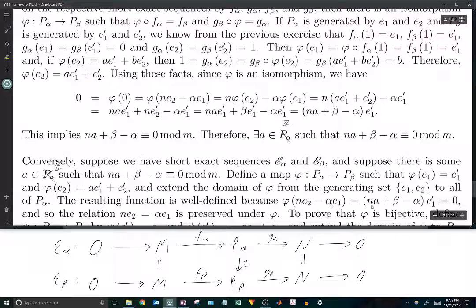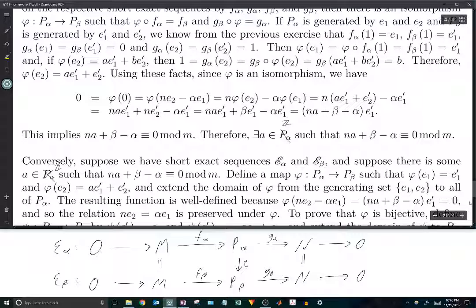So phi of this equals 0. I should probably put in there, by the computation from the last paragraph, just to make clear how I'm going directly from here to here. It's really just because I didn't want to repeat all of this. Anyways, this is equal to 0 because this is congruent to 0 mod m, and because m times E1 prime is 0. And so therefore the relation nE2 equals alpha E1 is preserved under phi.